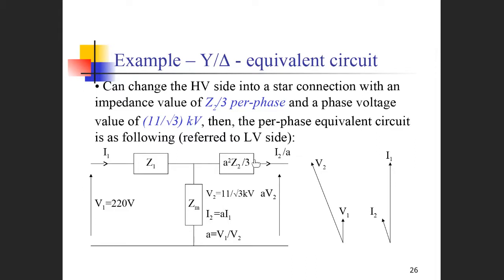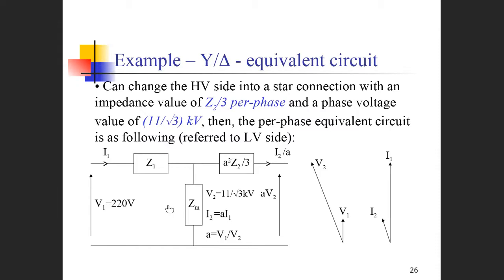So a star connection with an impedance of Z2 over 3 per phase, and the phase voltage, that is, the high voltage side line value of 11 kV, changes into the per equivalent star phase, 11 over √3 kV. Then the per phase equivalent circuit is as follows.